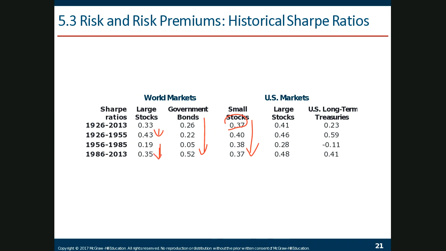That is the whole world market. For the US market, there was a while when the long-term treasury got negative. But overall, in terms of the Sharpe ratio, the treasury gives you pretty much the same bang for the buck as the large stocks.